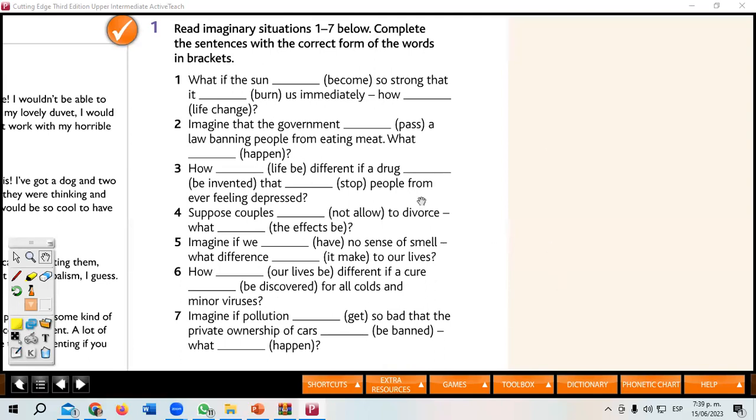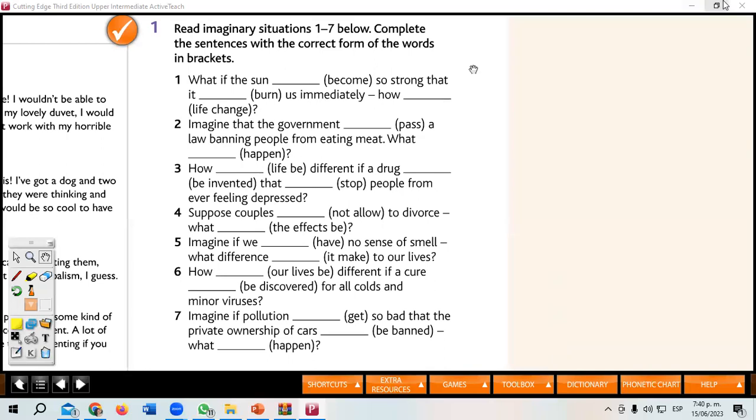Okay, teacher. Imagine if pollution got so bad that private ownership of cars were banned. What will happen? Yes, imagine if pollution got so bad that the private ownership of cars was banned. What would happen?